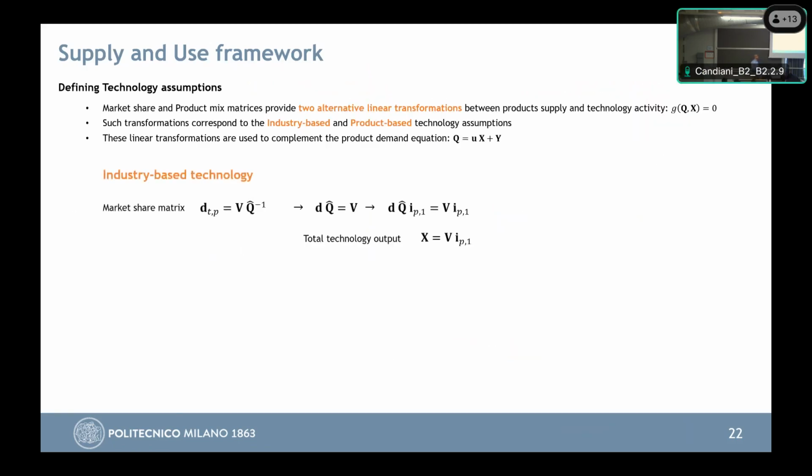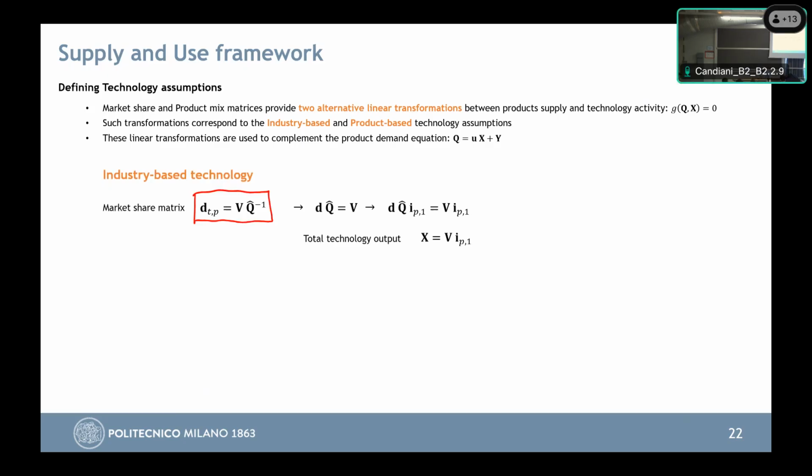Let's start first from the industry-based technology assumption, and let's now conclude the derivation of the Leontief models. So, let's start from the market share matrix. We have the small d, which we calculated in the previous slides. It is just the multiplication of V times the inverse of the diagonal of q.